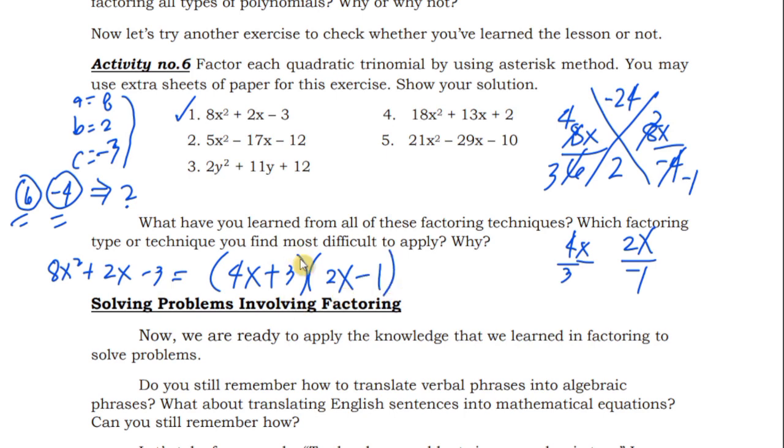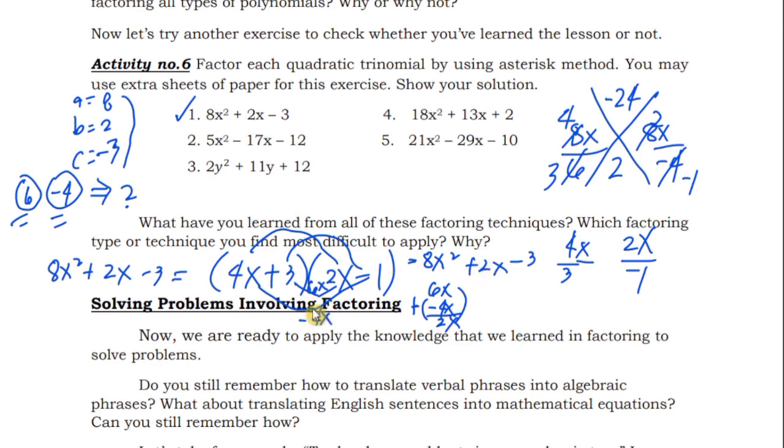Okay, if we check them, 4x times 2x is 8x squared. 3 times negative 1 is negative 3. 3 times 2x is 6x. 4x times negative 1 is negative 4x. 6x plus negative 4x is 2x, which is the same as the middle term.